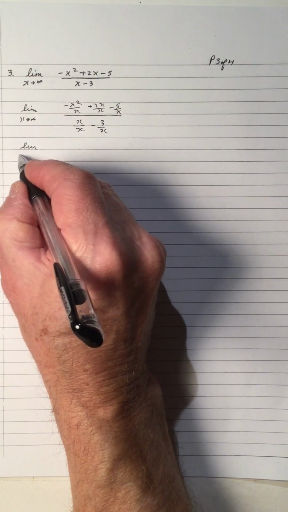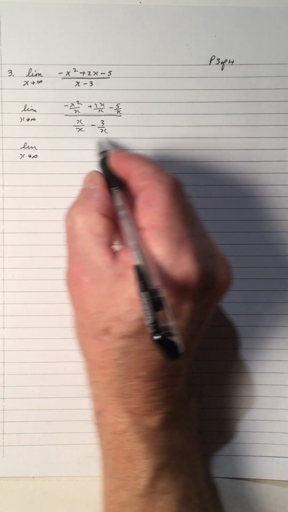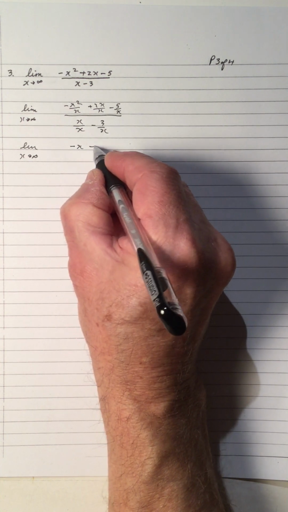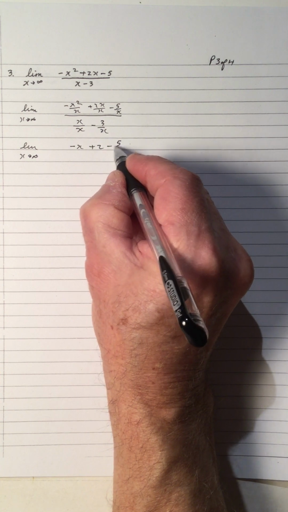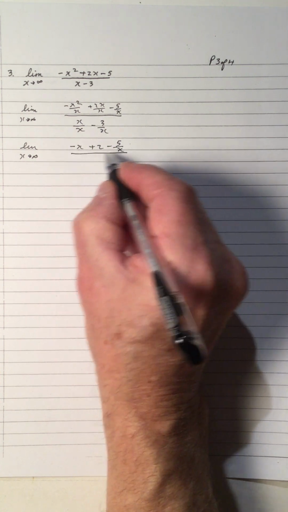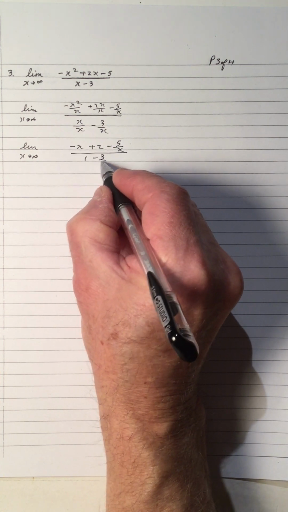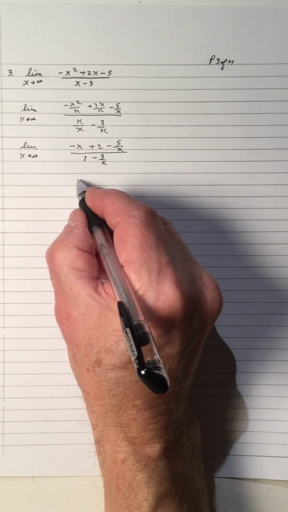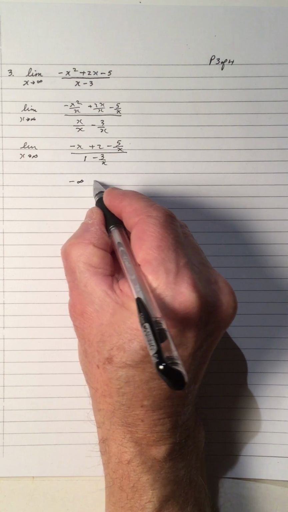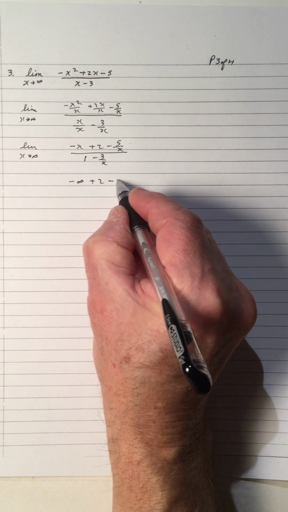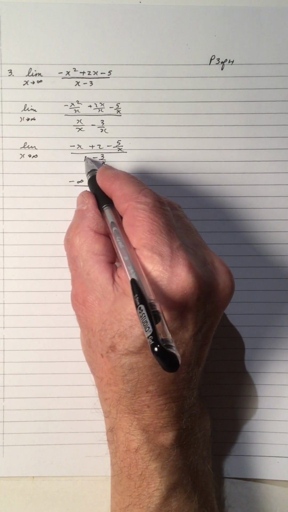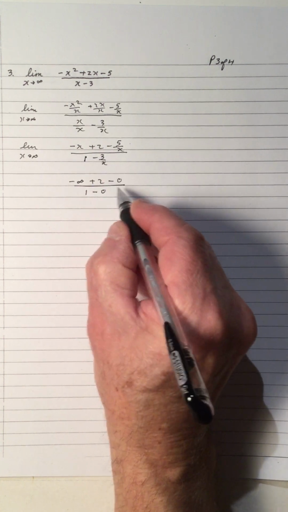So we got the limit as x approaches infinity of negative x plus 2 minus 5 over x, over 1 minus 3 over x. As we go to infinity, we get negative infinity, a constant 2, and 0 for the fractions, and we get 1 as a constant in the denominator, and a 0.